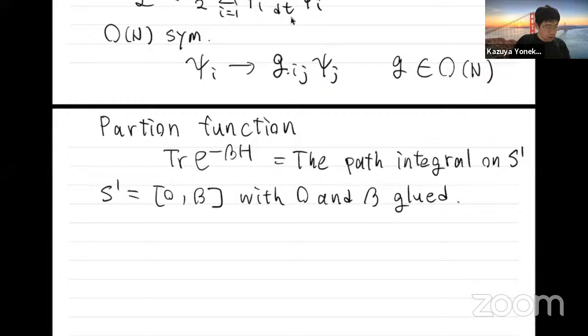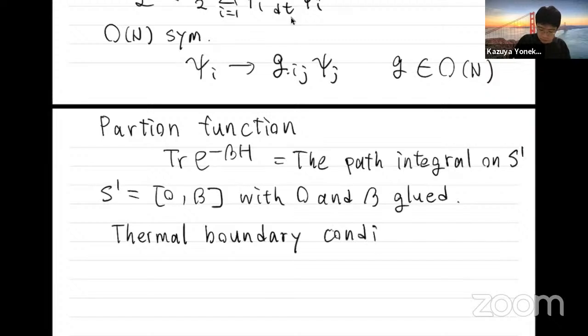And also, another well-known fact is that the boundary condition is anti-periodic. So fermions obey thermal boundary conditions, which is given by this.